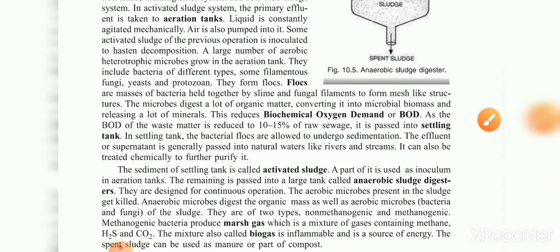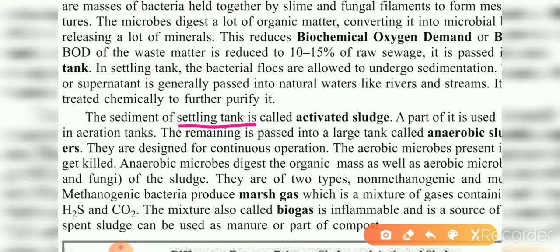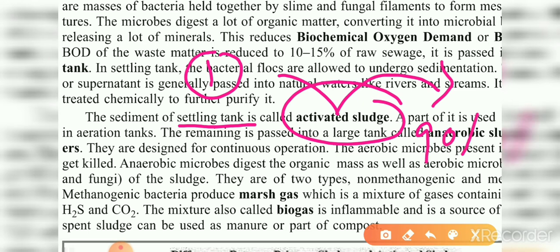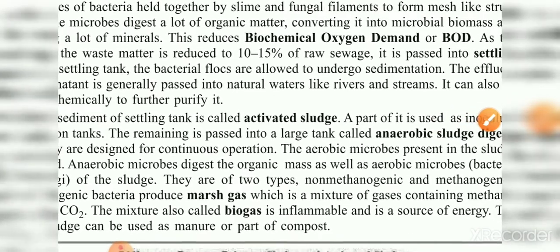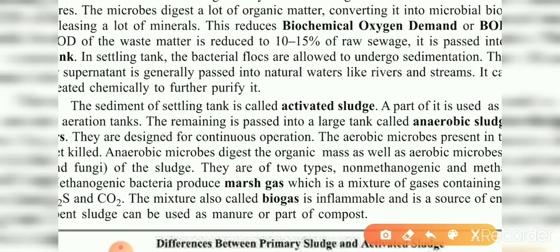It is very important to note that the sediment of the settling tank, whatever has settled at the bottom, is now called activated sludge. What do we do with that activated sludge? I told you its name earlier. Of all the activated sludge formed, a small part we will keep for next time use. The rest, suppose 90% of your activated sludge, is passed into a larger tank, and that tank is actually an anaerobic sludge digester tank.